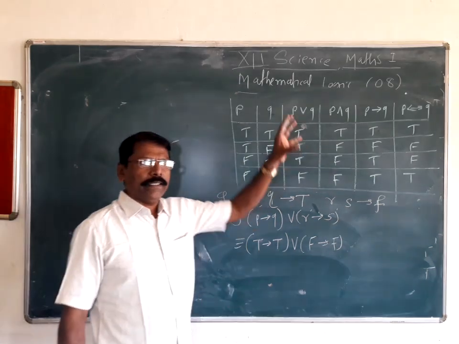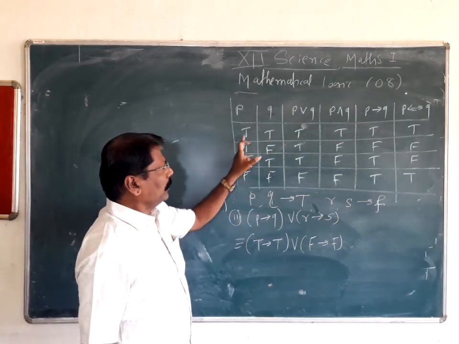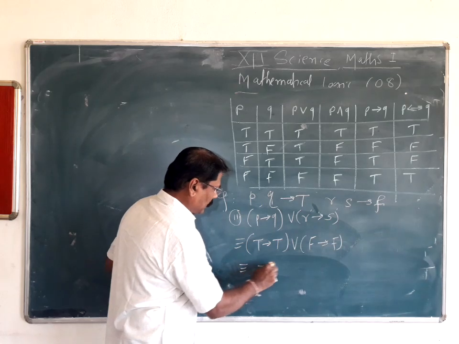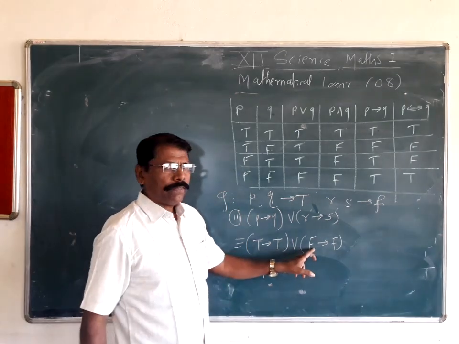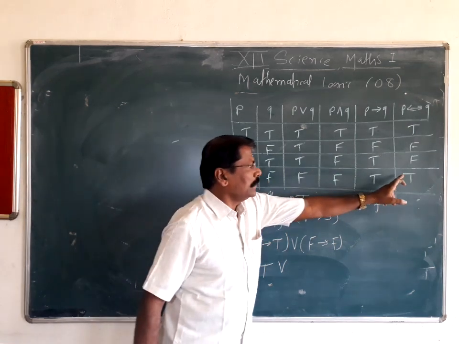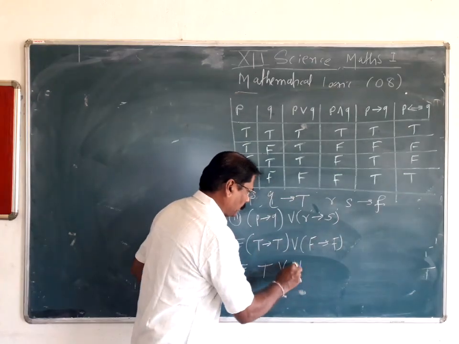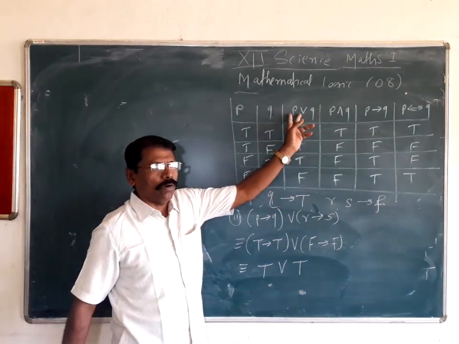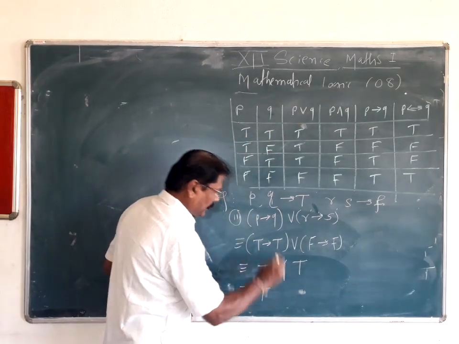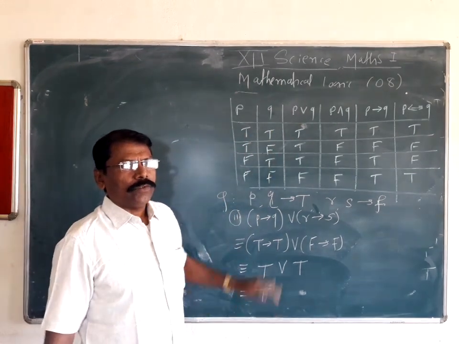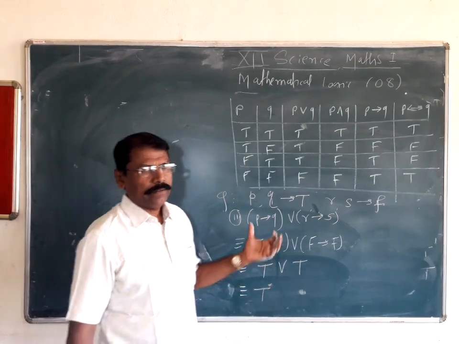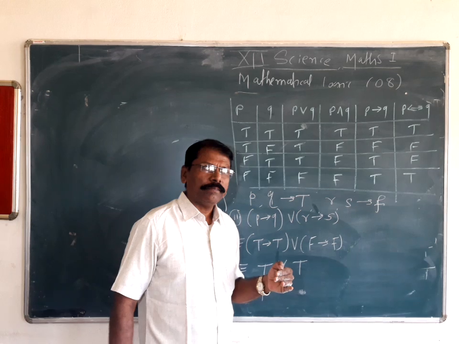If you use this key, T implies T is T, or F implies F; F implies F is T. And coming back to the or, T or T is T. This type of question will be asked for 2 marks, even in MHT-CET as well as the board exam.